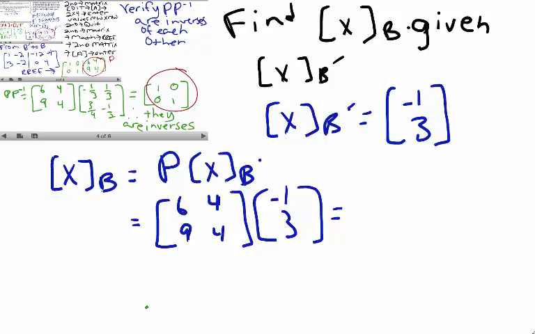We'll find that the coordinate matrix of x relative to B is equal to the 2 by 1 matrix 6, 3.